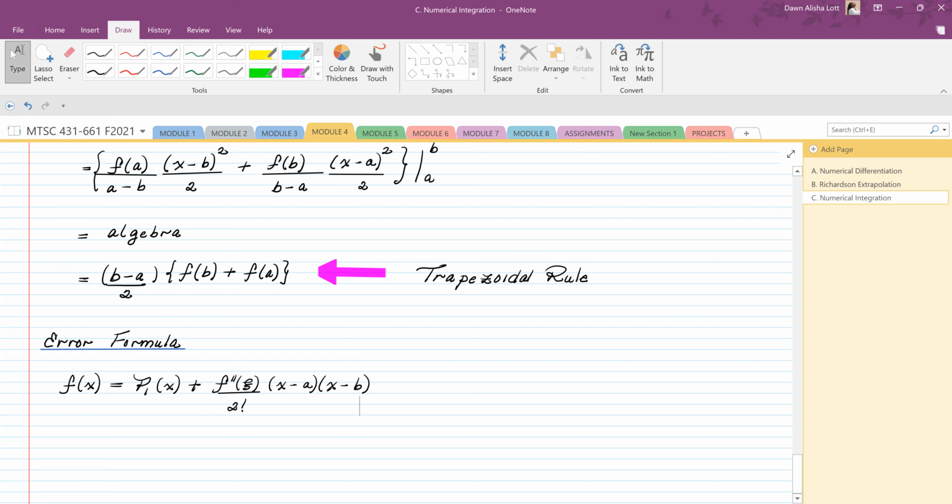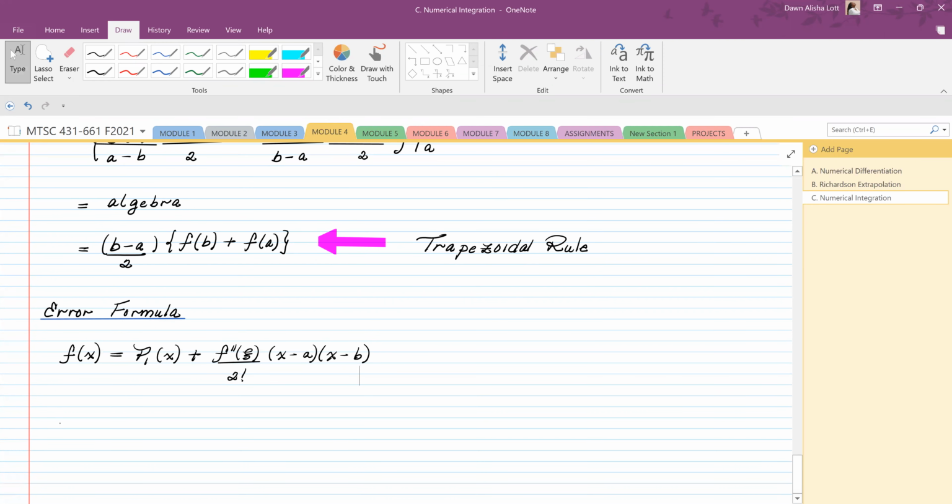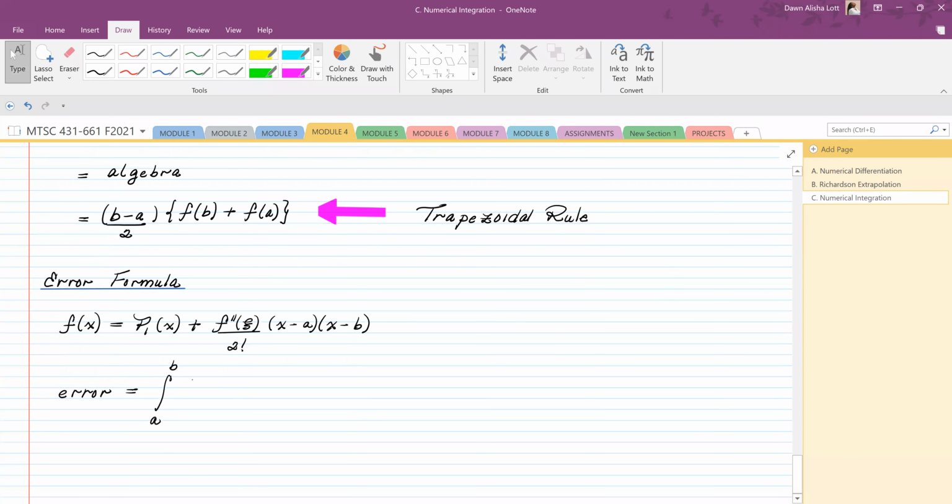So therefore, the error in the integral is going to be the integral from a to b of f double prime at c over 2 factorial, and now I'm going to get x squared minus ax minus bx plus ab dx.